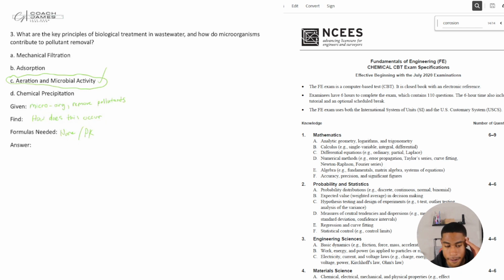So if you've got a lot of bacteria and fungi utilizing the oxygen, breaking down and removing pollutants, then you get organic matter that's a lot less harmful to us, which is a great thing. It's a little bit of background.